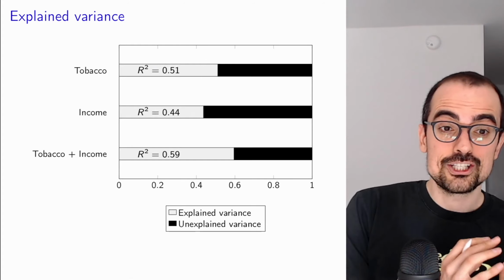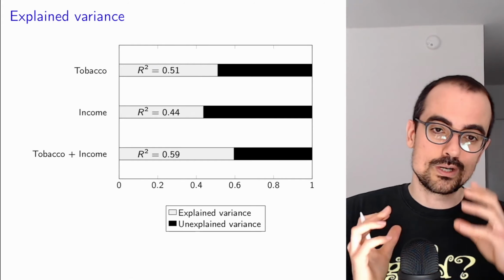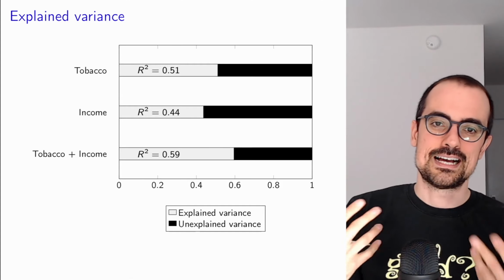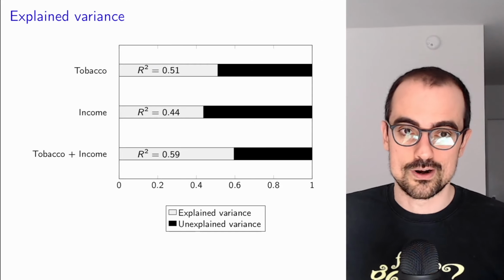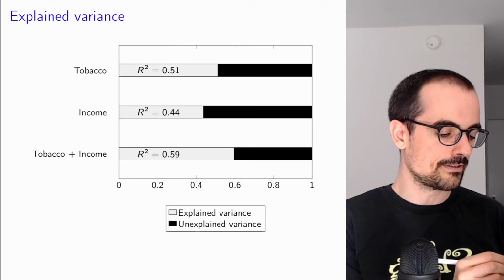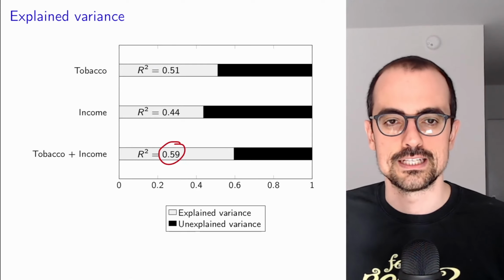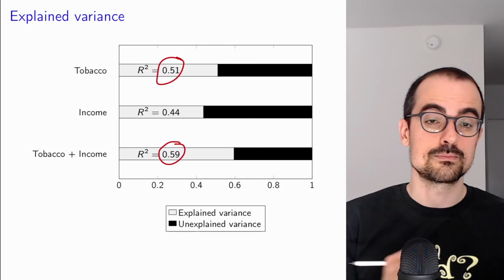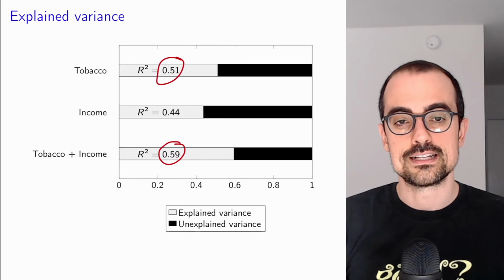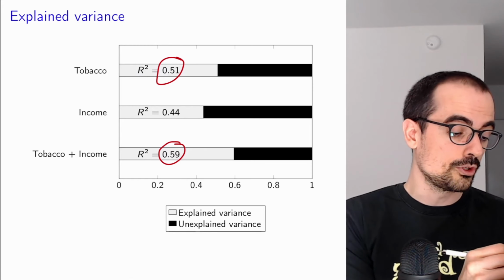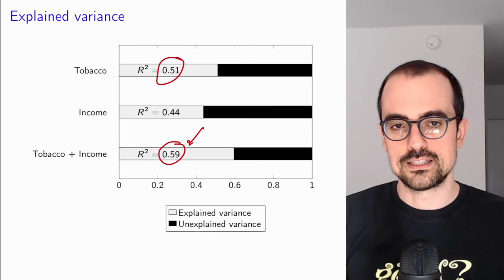Because of the correlation between tobacco and income, when we put them together, they explain some more variance, but not perhaps as much as you would expect if they were uncorrelated. The explained variance goes up to 0.59. So here what we see is that tobacco, like smoking, explains a lot of the variance in premature mortality, but including income does produce a non-negligible improvement in the model.